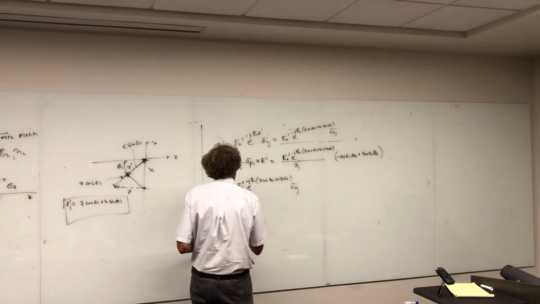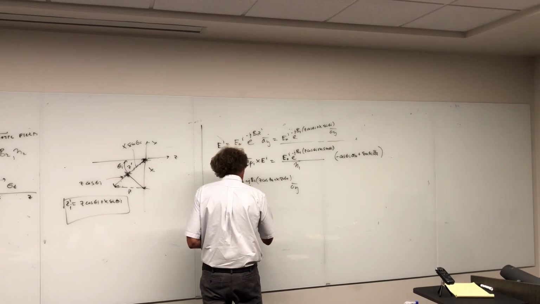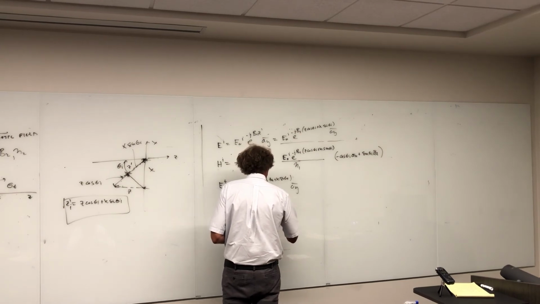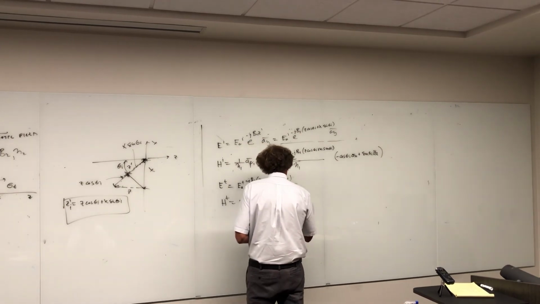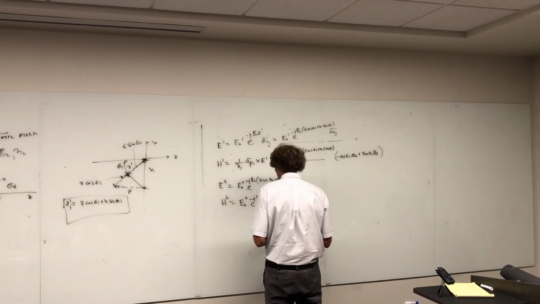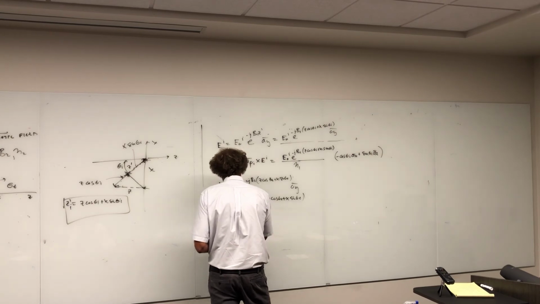That's all you do. So now you get E naught transmitted times e to the minus j beta 2 times z cosine of theta transmitted plus x times sine of theta transmitted, and then divided by eta 2. Remember it's eta 2 because it's transmitted.